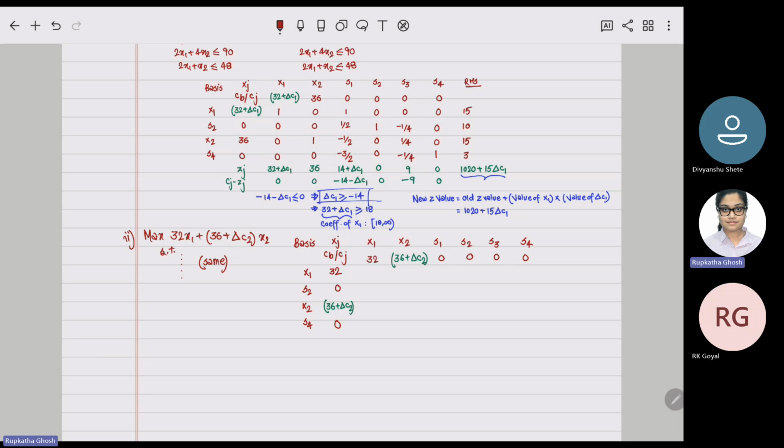So in this case, you have 1, 0, 0, 0, 0, 0, 1, 0, 1 half, 3 by 2. Right hand side, you have 15, 10, 15, 3.